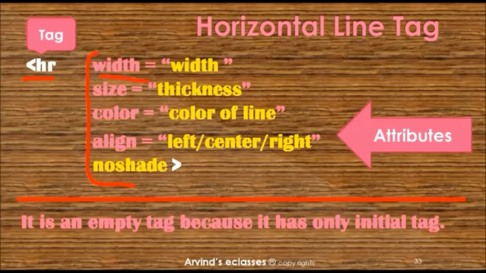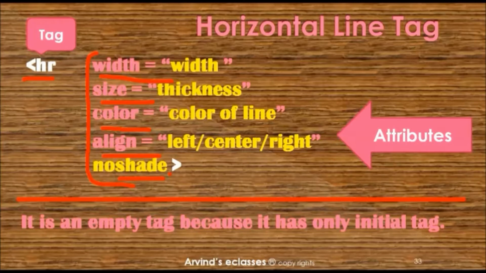First one is width, second one is size, third one is color, fourth one is align, and last one is noshade. So let us see how these attributes help us.